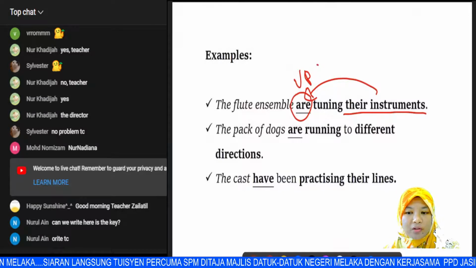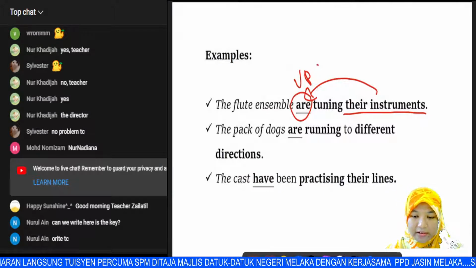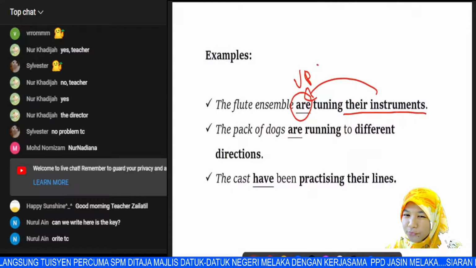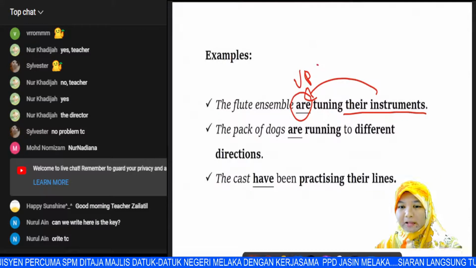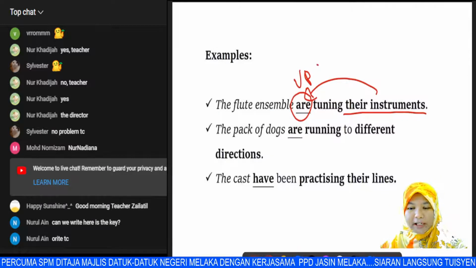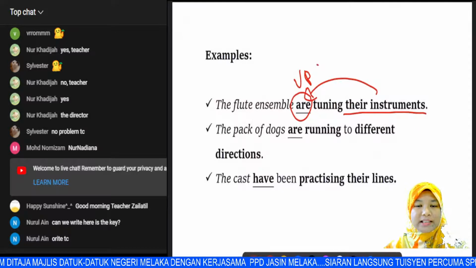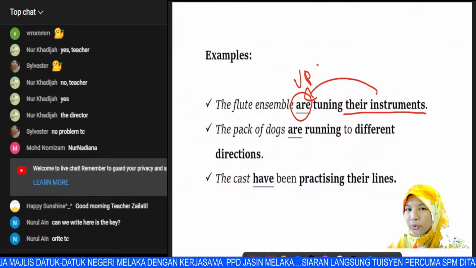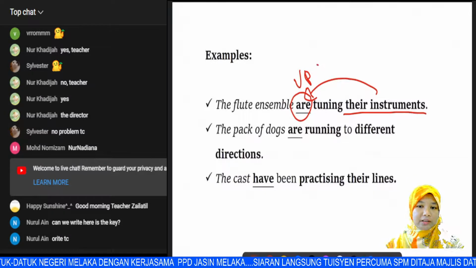The same case here. The pack of dogs are running in different directions. As I told you, a pack of dogs or a pack of wolves might consist of 10, but maybe all 10 of them are actually running in different directions. One goes to the east, another 2 go to the west, another 5 go to the north, and the rest to the south.